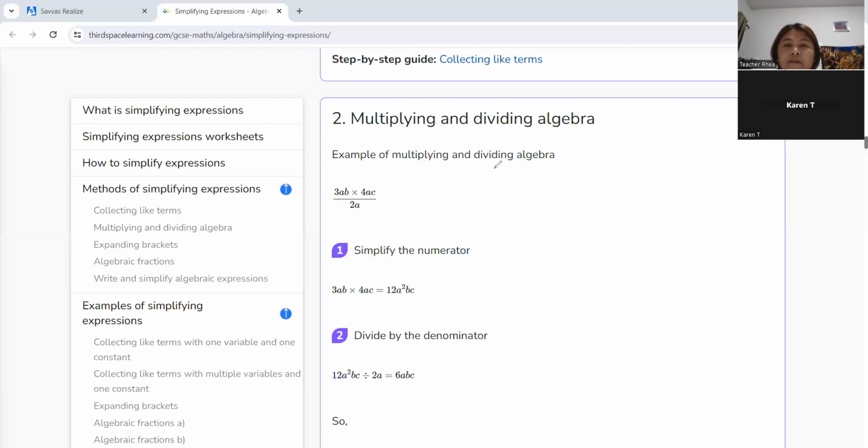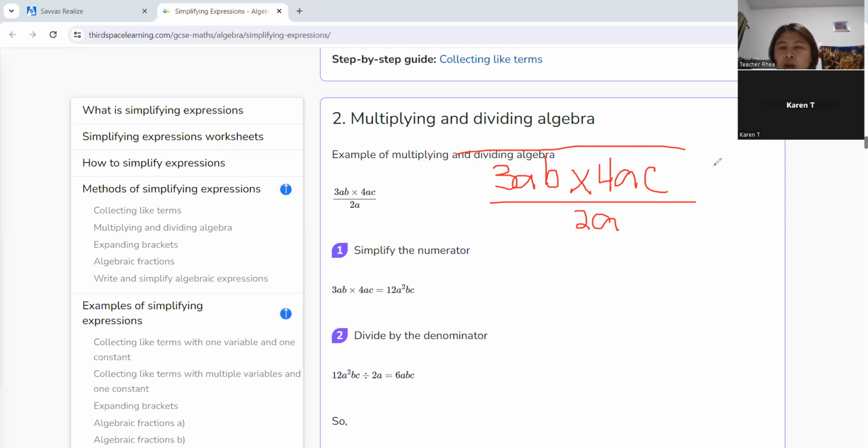So if the algebraic expression is 3ab times 4ac over 2a, simplify the numerator first.